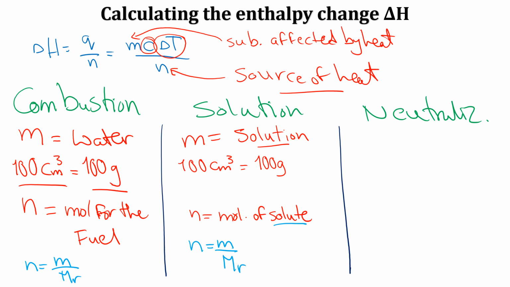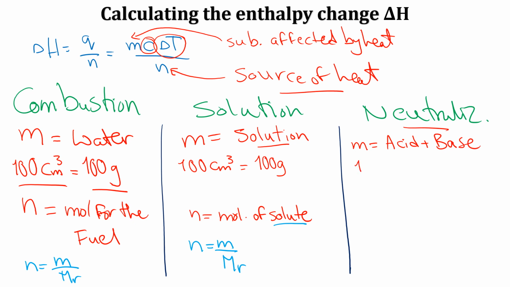Okay, then for neutralization, it is a bit different because the mass is equal to the mass of acid plus the mass of base. So here it should be the amount of acid plus the amount of base. As we agreed before, we use volume as mass.